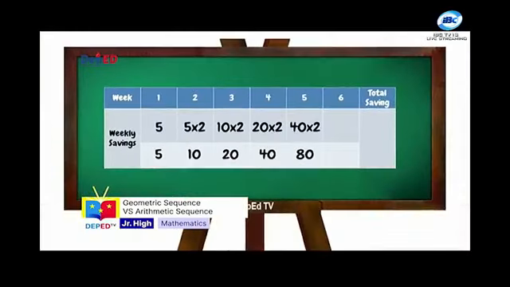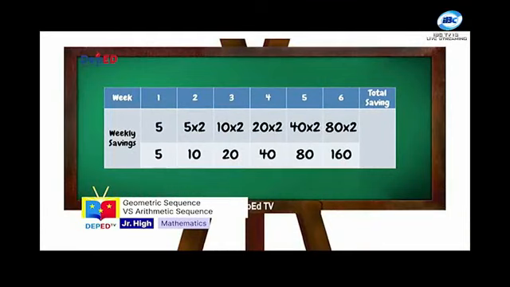How about on the 6th week? How much will you save? Try it yourself. I'll give you 5 seconds. Well, on the 6th week, you should save, that's right, 160 pesos.